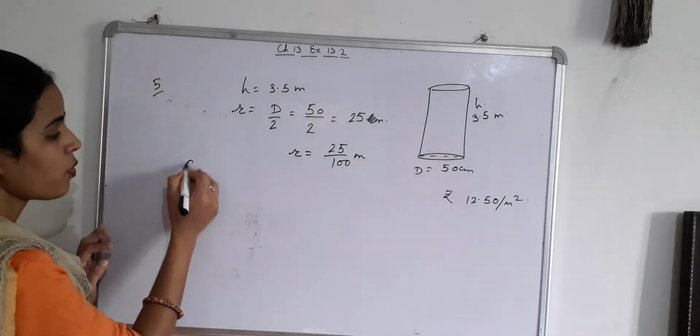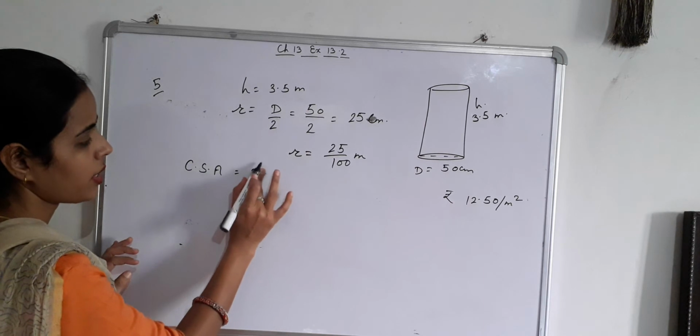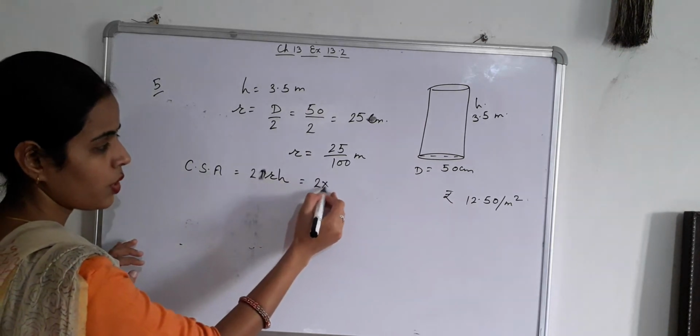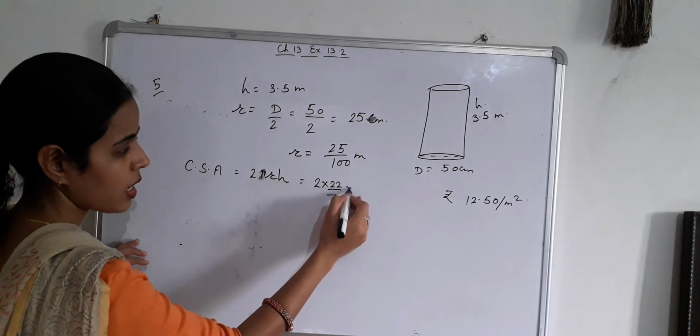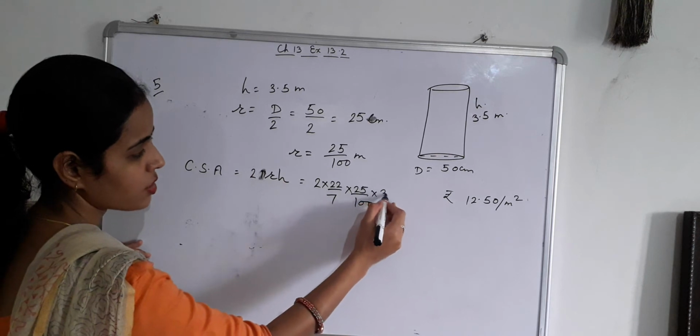Covered surface area of this pillar equals 2 pi r h equals 2 into 22 by 7, r is 25 upon 100 and h is 3.5.